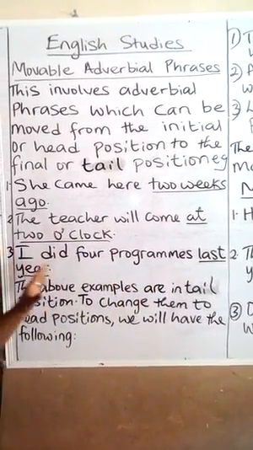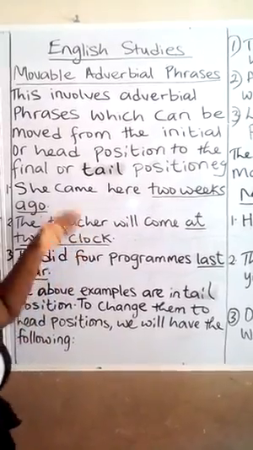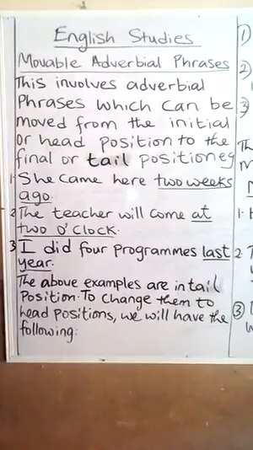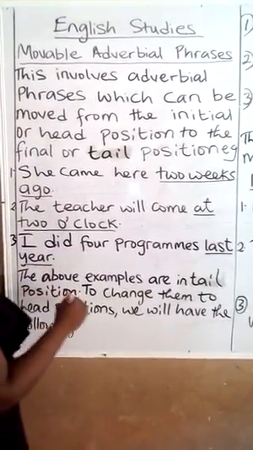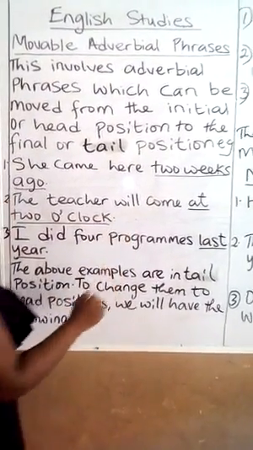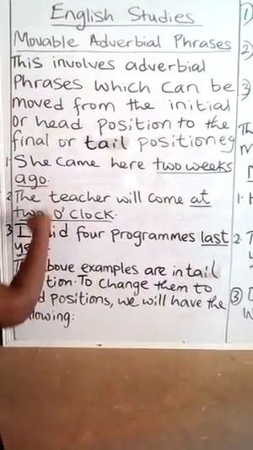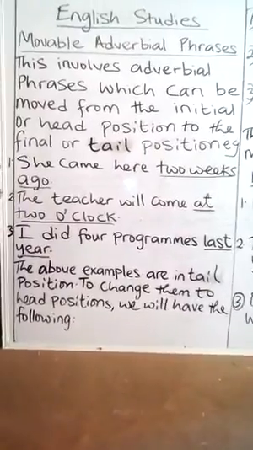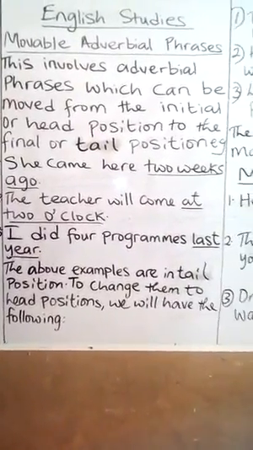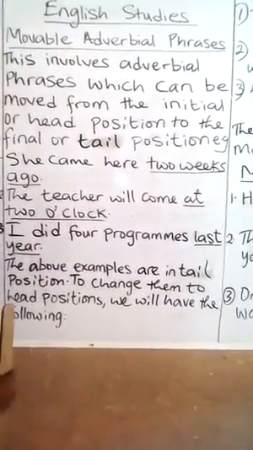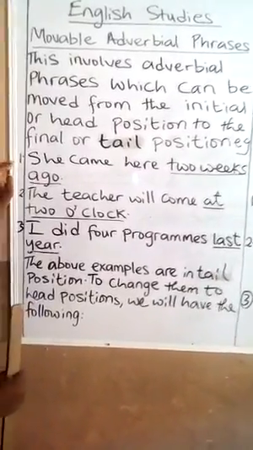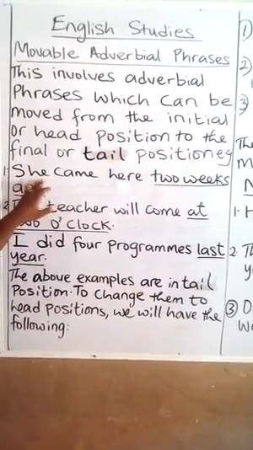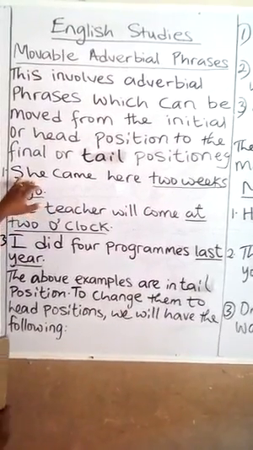The question then comes, how do you know where your head position or your tail position is? You are able to tell from the part of the sentence that tells you what the subject is about. Let's look at our first example again. She came here 2 weeks ago. Our subject here is she.